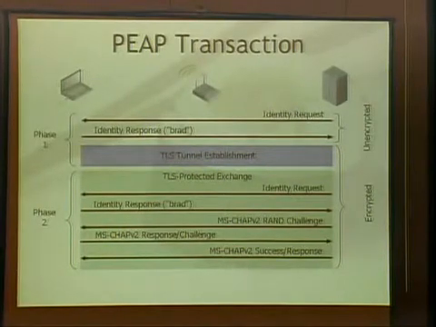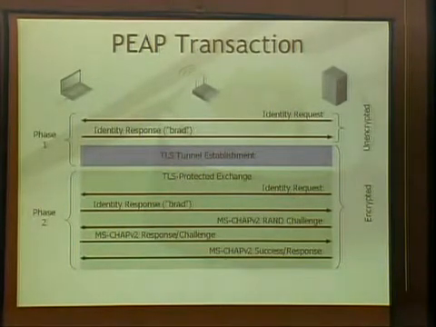So in the MS-CHAPv2 scenario, the client will just sit there, won't actually connect, and will keep trying to reconnect. Also, an important thing to remember is the difference between PEAP and EAP-TLS. PEAP only supports MS-CHAPv2, and EAP-TLS will support pretty much anything as its inner authentication protocol.